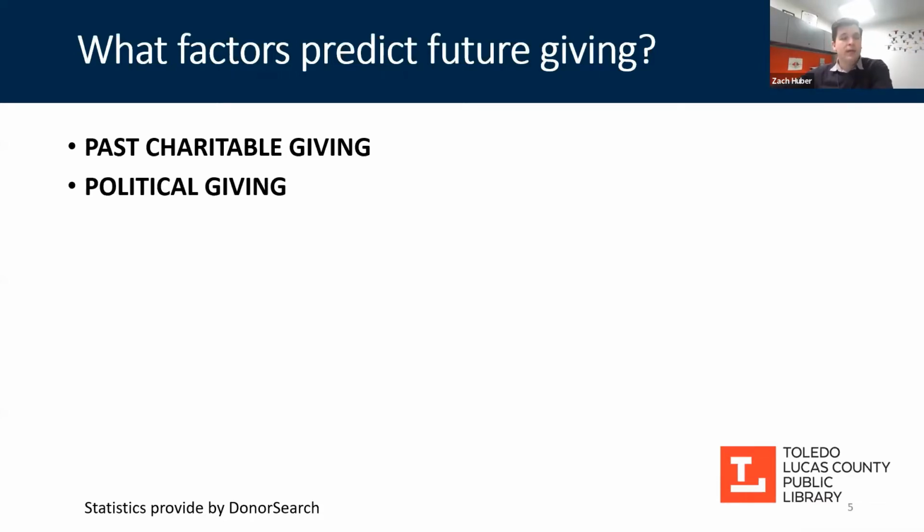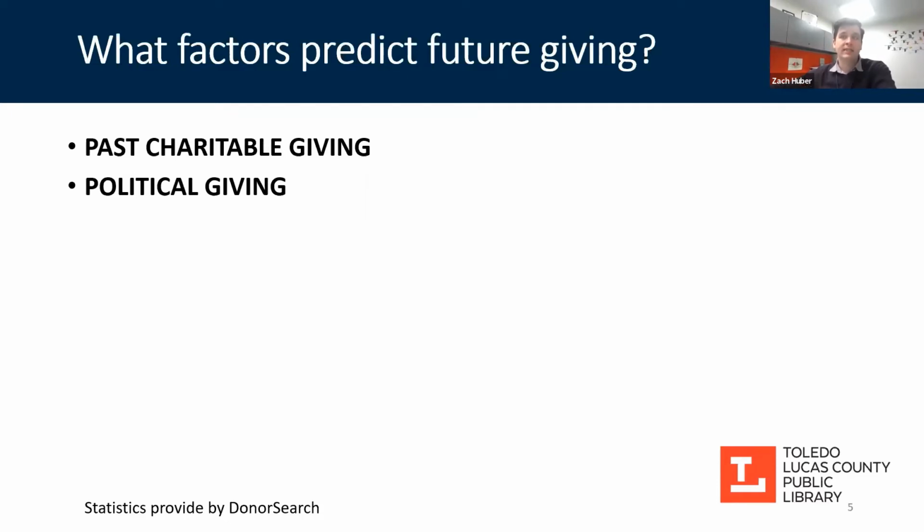And then also we look at political giving. This is all public information. A single lifetime gift to the Federal Election Commission, the FEC, of $250 will put a constituent in the top 6% of the US population for wealth. If they also give $1,000, it puts them in the top 0.1%.